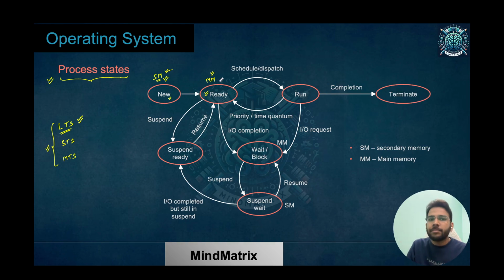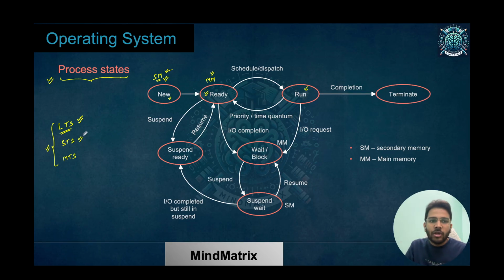Then from ready to run state means the program is executing, the program is running. That means the CPU is allocated to that particular process. Now your short-term scheduler: let's say you have 10 processes present in the ready state, or in the main memory. Out of those 10 processes, you have to select one process to allocate the CPU to.